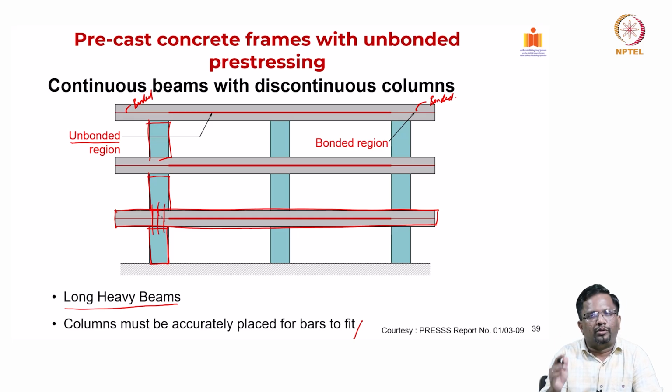So the holes have to correctly match so that the dowel bars can go inside, and then I can do the grouting to ensure that there is continuity between the vertical column elements.